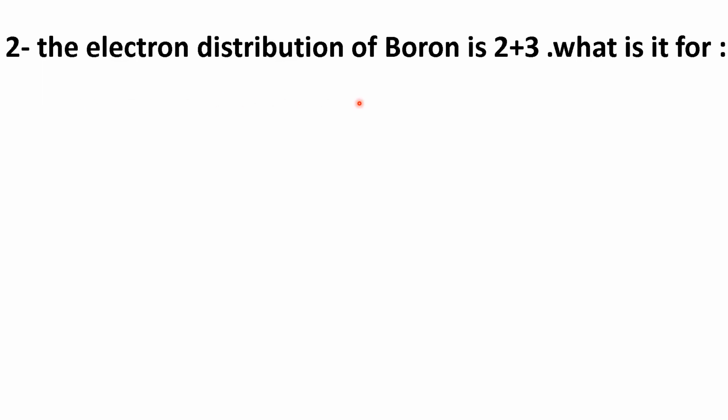Number 2. The electron distribution of boron is 2 plus 3. What is it for lithium? Lithium atomic number equals 3. So we make distribution of 3 electrons. The number of electrons that move around the nucleus equals the atomic number.